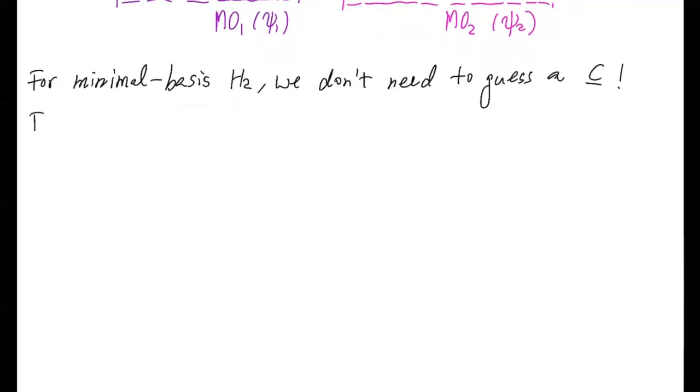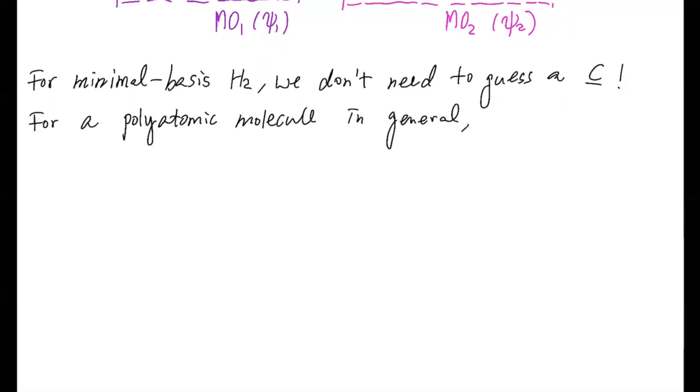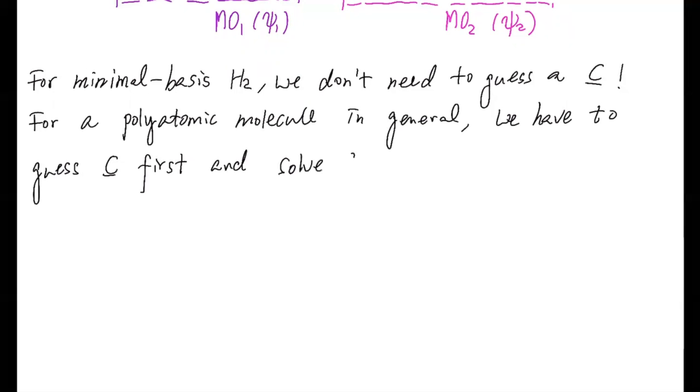But for a polyatomic molecule in general, we have to guess C first and solve for C self-consistently.